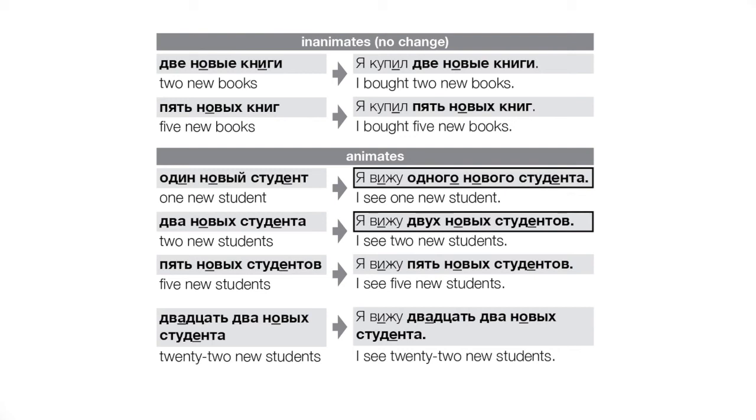5 новых студентов. Now compounds would act the way we might expect generally, except for, let's say, 22. This is the one that's maybe a bit weird. Я вижу 22 новых студента. Right there you can think of 20 as sort of being in the accusative, and then what follows doesn't change.